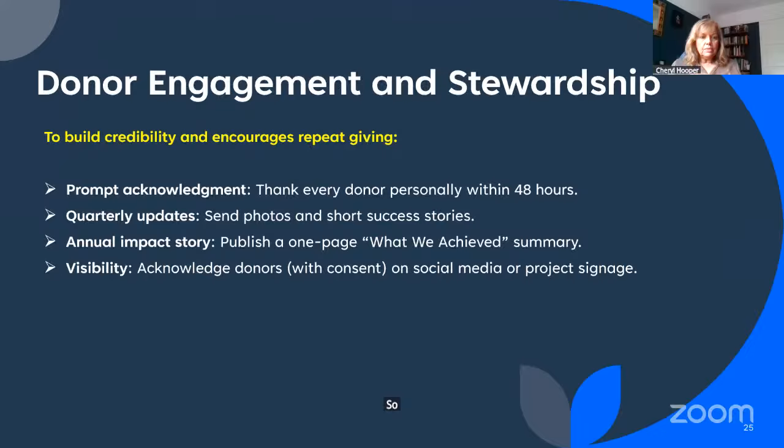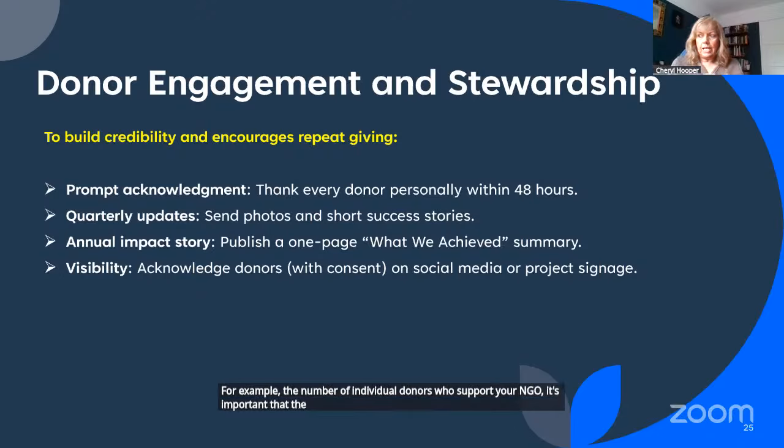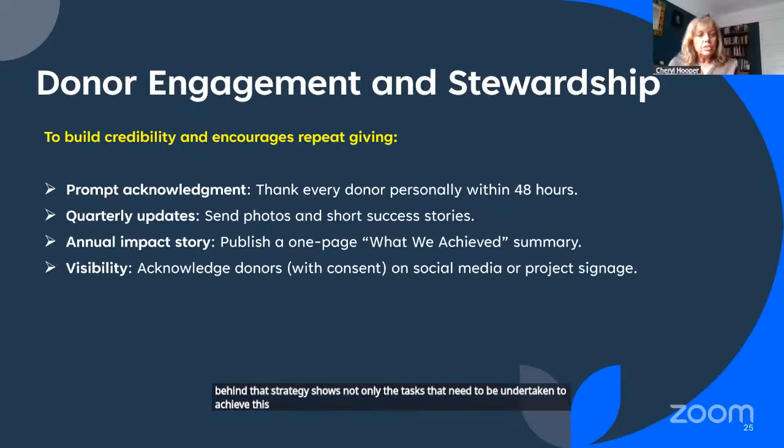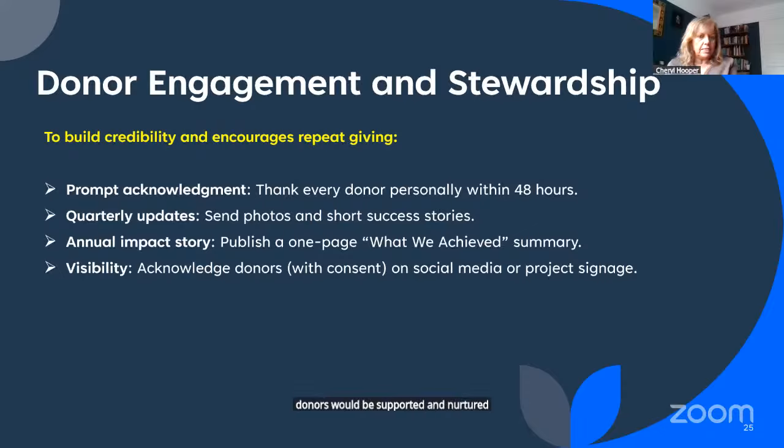So whilst the funding strategy might be to increase, for example, the number of individual donors who support your NGO, it's important that the work plan behind that strategy shows not only the tasks that need to be undertaken to achieve this, but also how donors would be supported and nurtured so they stayed loyal.